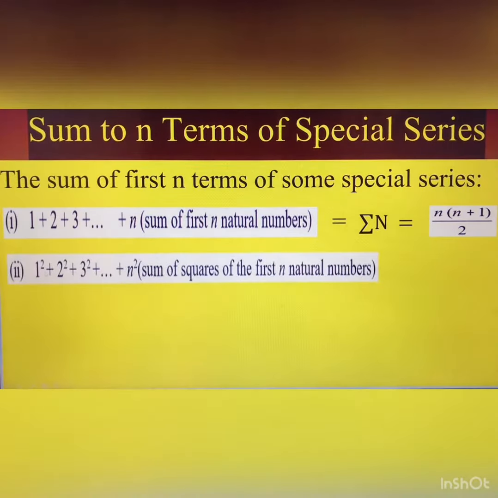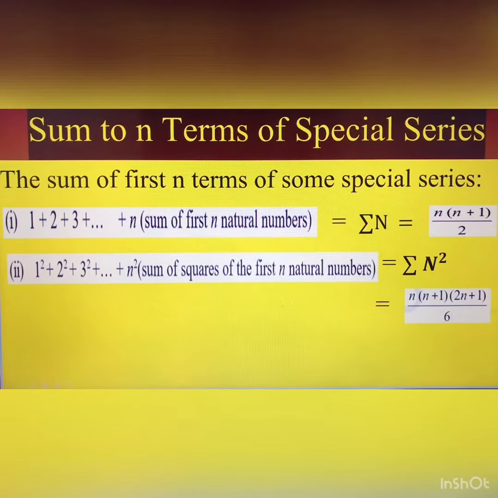So how many numbers do you want to sum? You directly replace this n here, you will get the sum of all numbers. But if the series is given in this form, that is 1 square plus 2 square plus 3 square plus up to n square, meaning the sum of squares of the first n natural numbers, this is denoted by sigma n square, and you will use directly this formula, that is 1 by 6 into n into n plus 1 into 2n plus 1, otherwise n into n plus 1 into 2n plus 1 divided by 6.